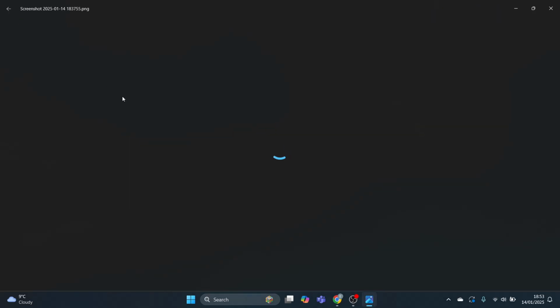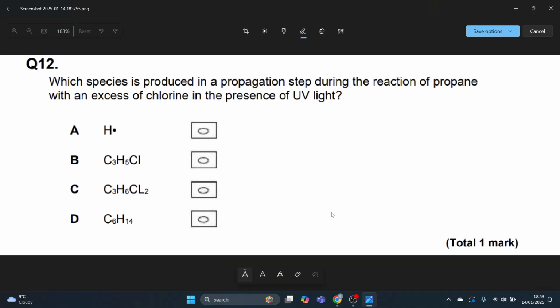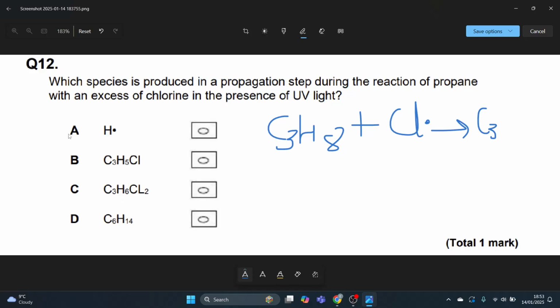Question 12. Which species is produced in the propagation step during the reaction of propane, C3H8, plus chlorine free radical? Actually, I already know the answer is not going to be A. We never form a hydrogen free radical.